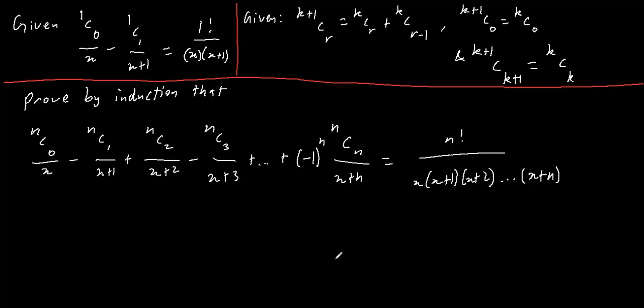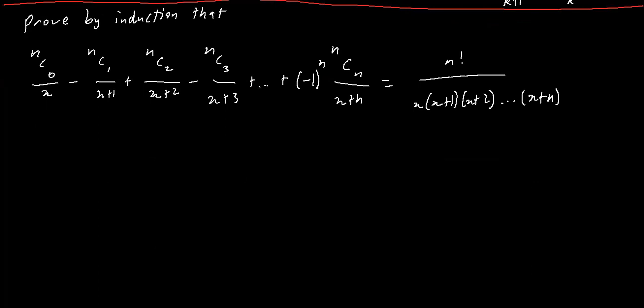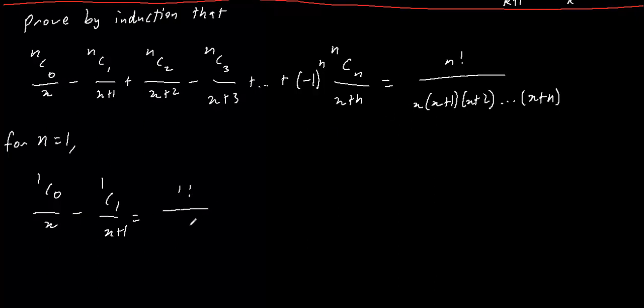Okay, so how induction works, we prove first for n is equal to 1. Starting with n is equal to 1, we get 1C0 over x minus 1C1 over x plus 1 is equal to 1 factorial over x groups of x plus 1.